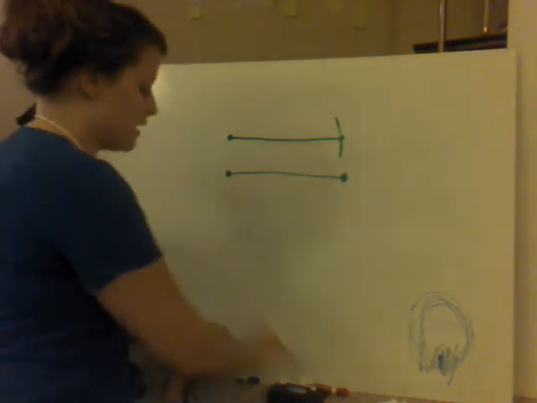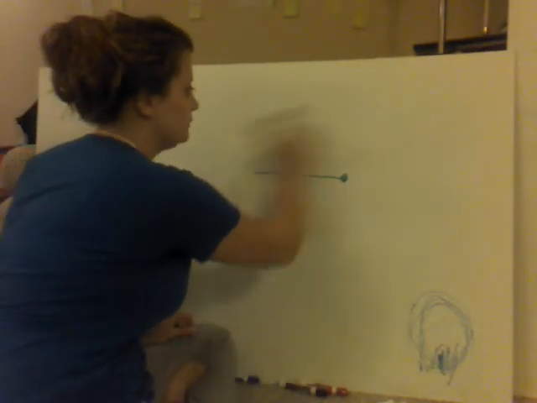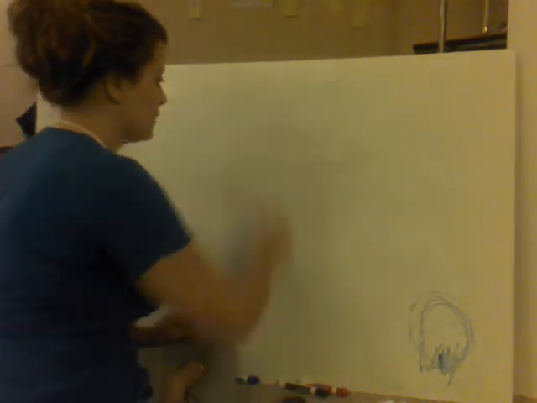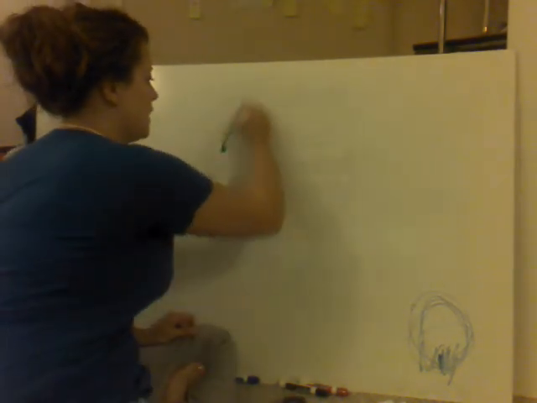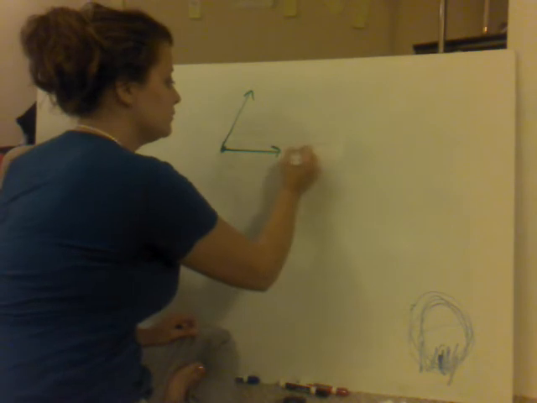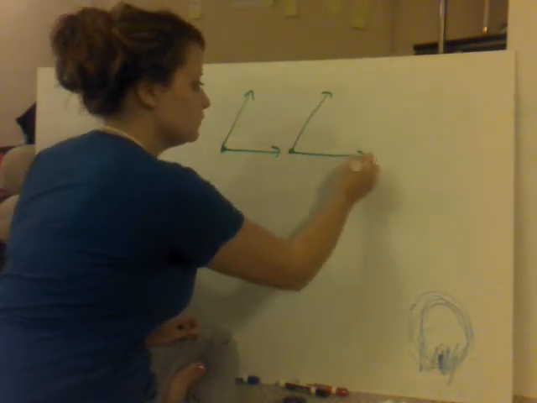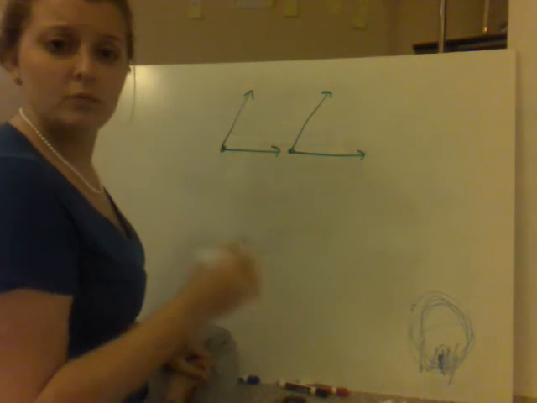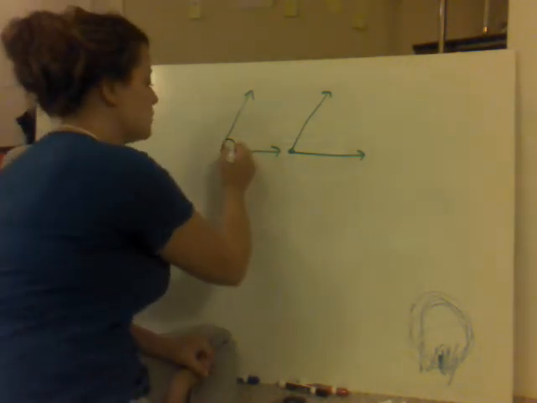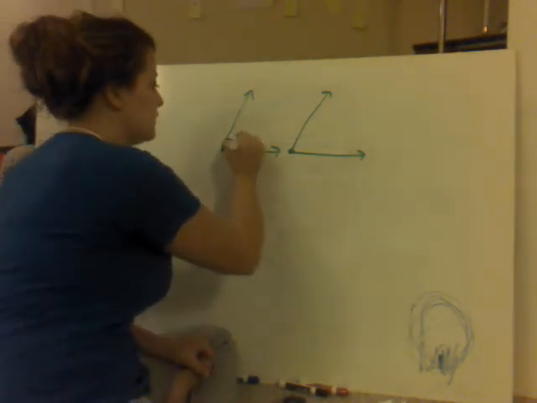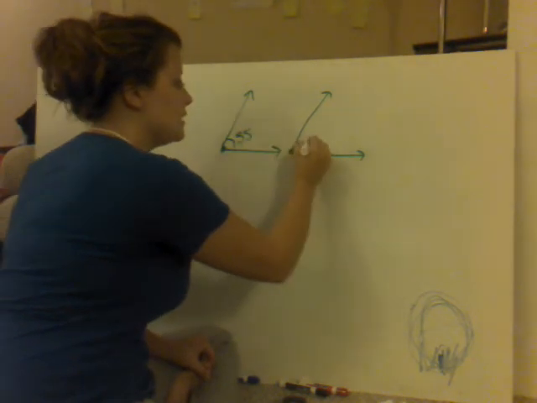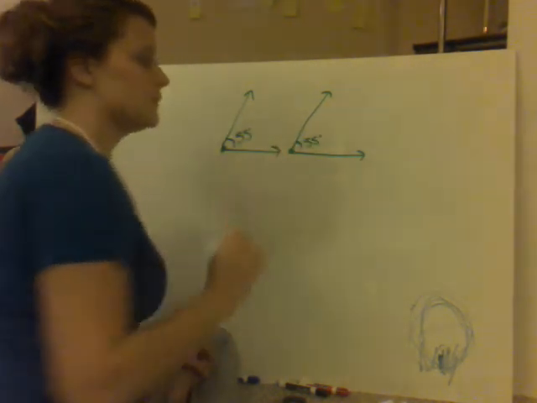Now congruent means the same, so it doesn't have to be lines. So I could have two congruent angles. We all know I can't draw very well, but we're going to say these are congruent because I'm going to say this is 55 degrees and I'm going to say this is 55 degrees.